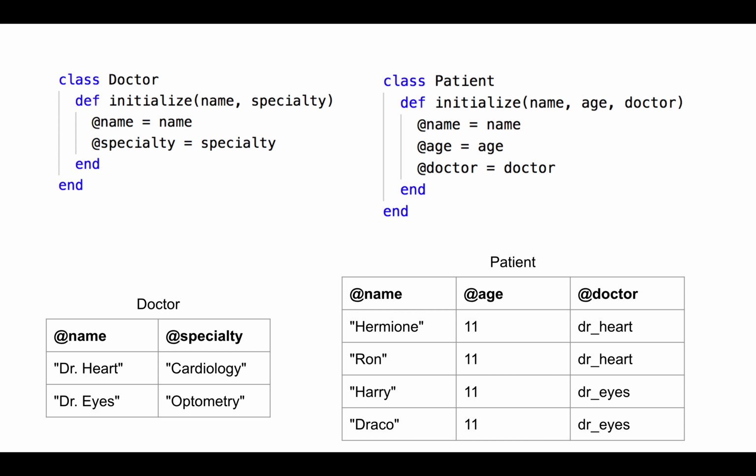All of our wizards are going to be 11 years old. And then a patient is going to have a doctor that is not the doctor string, but the doctor object itself. Now, we saw how this is possible. So even though name is a string, age is going to be a number, the doctor property of a patient is going to be a doctor instance, something we store in a variable or something of sorts.